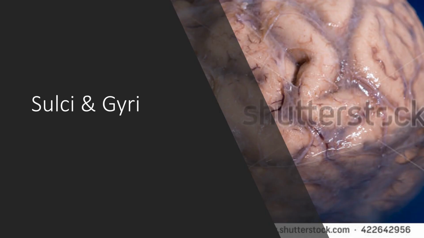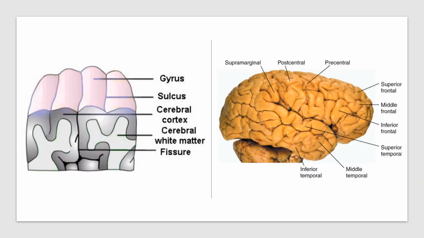Now we will see the sulci and the gyri of the cerebrum. The cerebral cortex, that is the surface layer of grey matter, is highly extensive in humans. To accommodate it in the limited space available within the rigid cranial cavity, the surface of the cerebral hemispheres becomes highly folded, producing numerous convolutions separated by fissures.